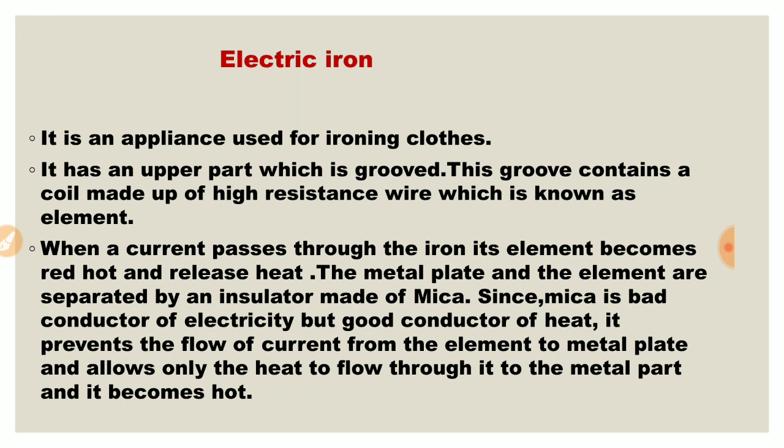So why mica is used? Because mica is bad conductor of electricity but good conductor of heat. It prevents the flow of current from element to metal plate but allows only heat to flow through it, and metal plate becomes hot. This is how the electric iron works on the heating effect of electric current.